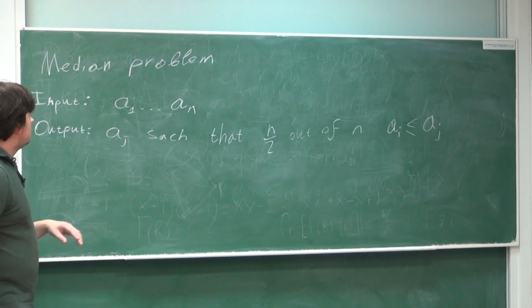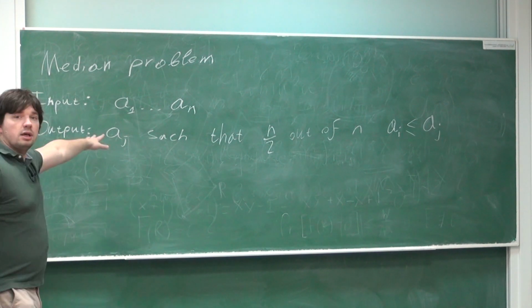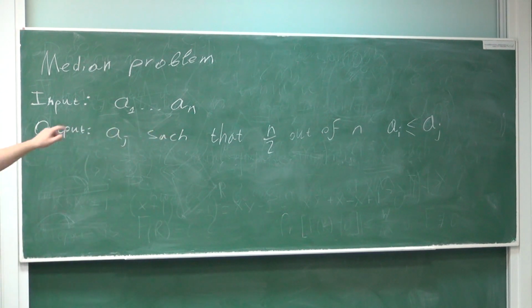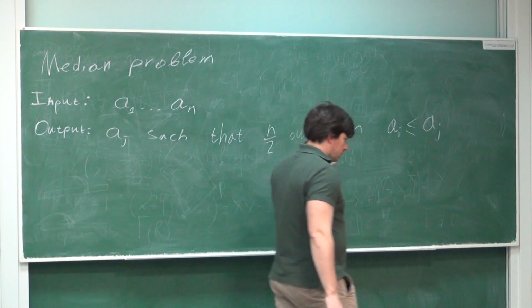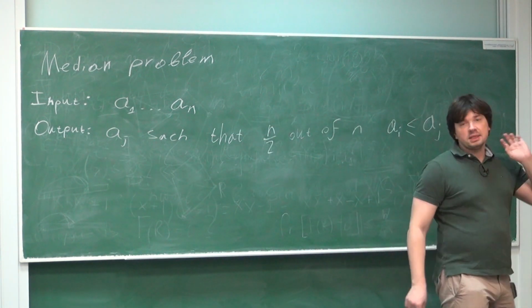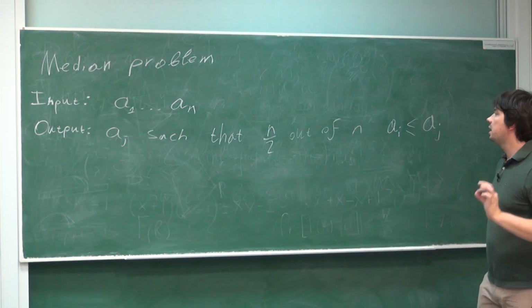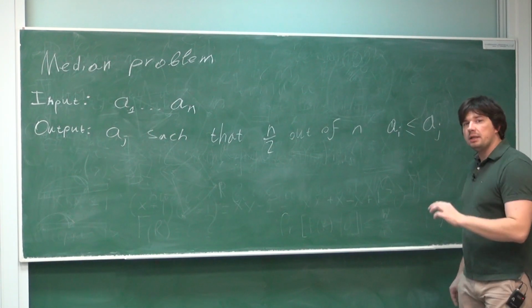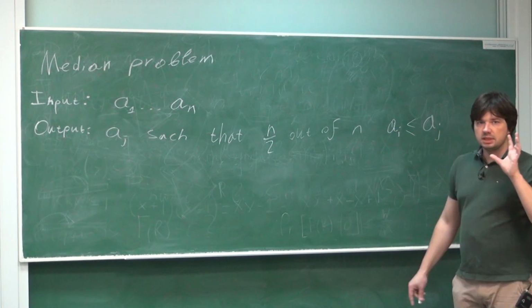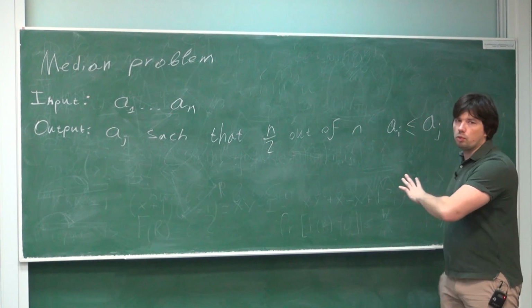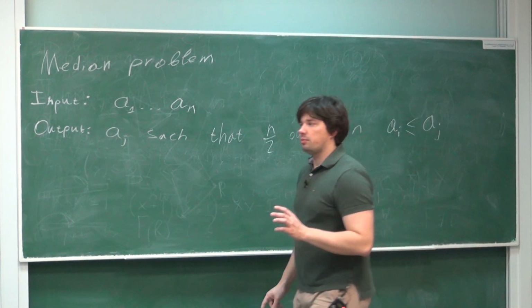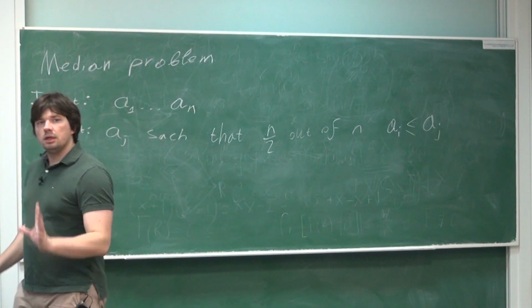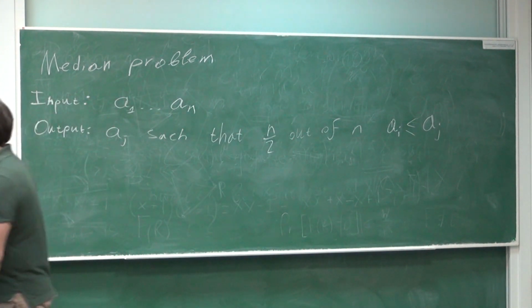I want to do it in time linear in the size of the array. There is in fact a deterministic algorithm for that. It is both complicated and just slower in practice than what we will discuss now. So this is actually the algorithm that people are using. It's not a party trick.